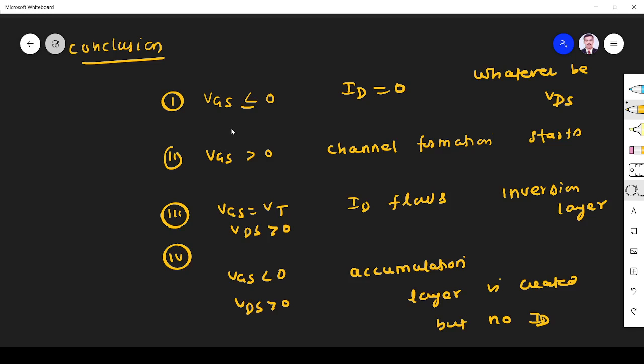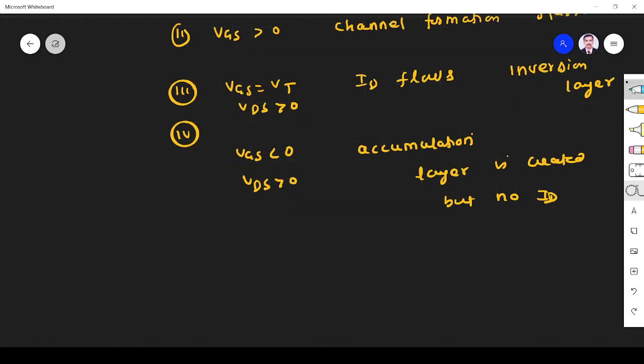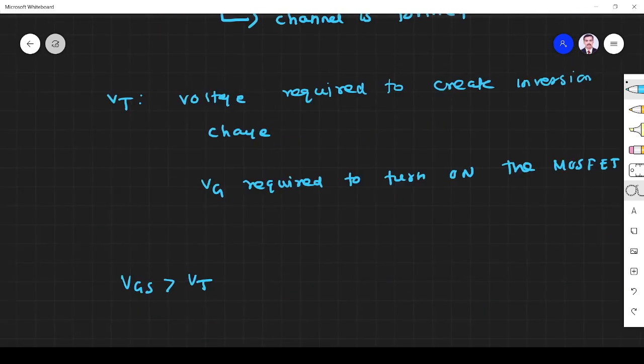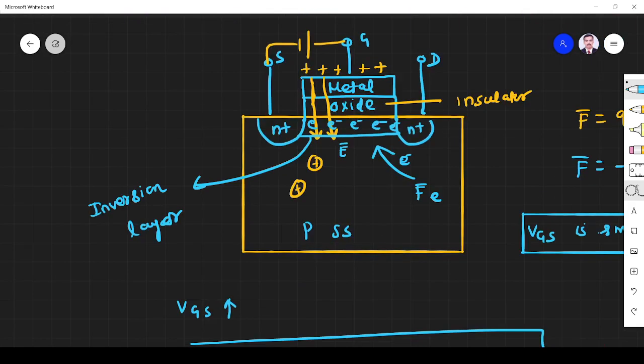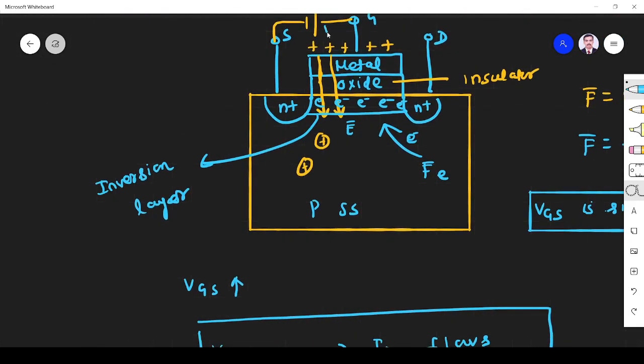Okay, another thing I want to emphasize here is what will happen if VGS is greater than VT and VDS is greater than 0. When VGS is greater than VT and VDS is greater than 0, electrons get attracted towards the positive terminal and current flows. You see, this is VGS.